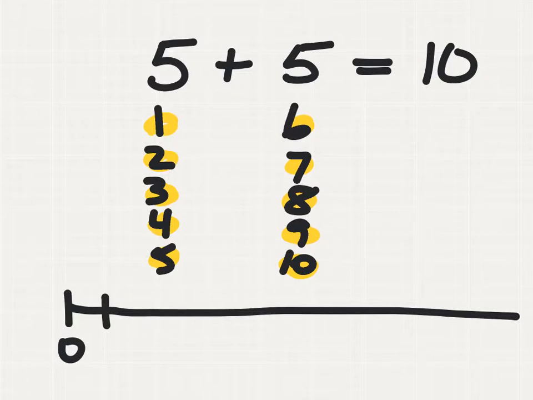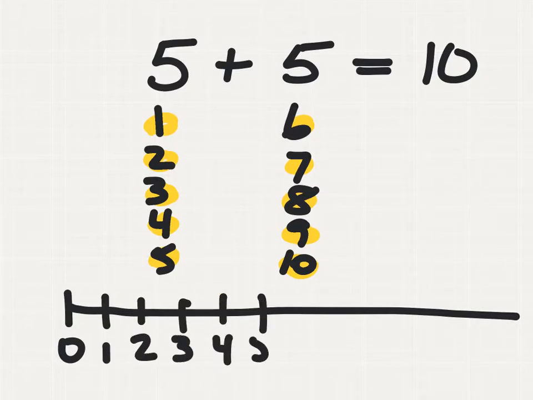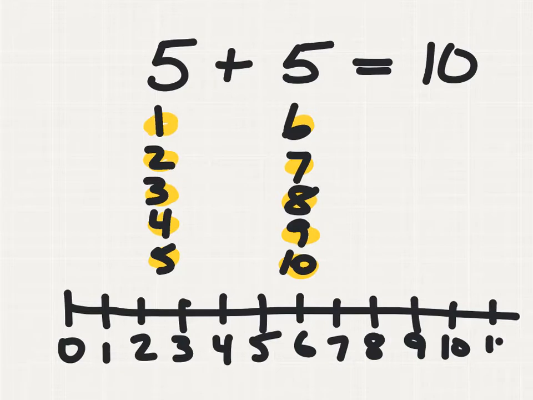beginning at 0 and moving right for the positive integers, I could draw my number line, and then once I had done that, beginning at 0, I would move to the right to get to my first integer, which was 5. So now I'm at the number 5, and it says to add 5 more.